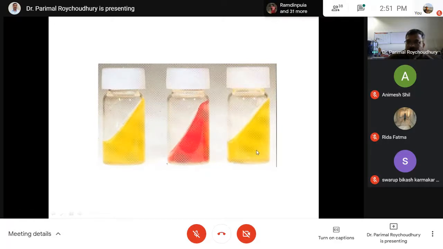So we use a particular media called Christensen's urea agar media, which contains a sufficient amount of urea, and then we inoculate the organisms, and the presence of this indicator will give color formation if there is formation of ammonia. Ammonia is highly alkaline, so this is an alkaline reaction showing here.